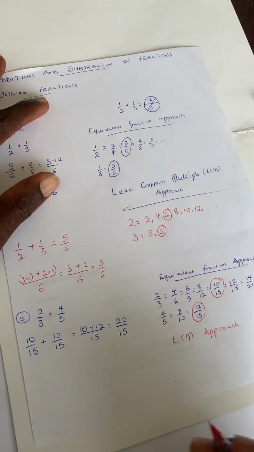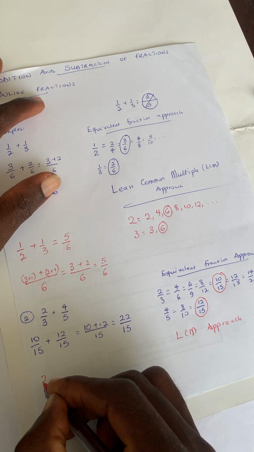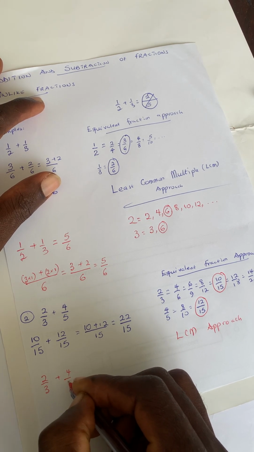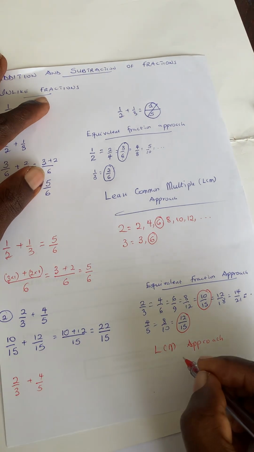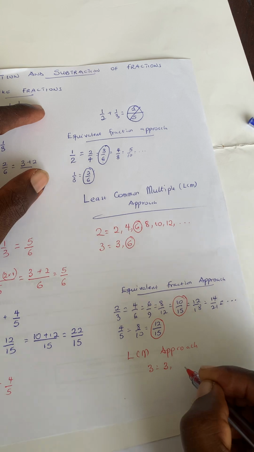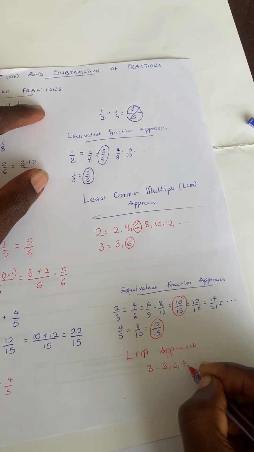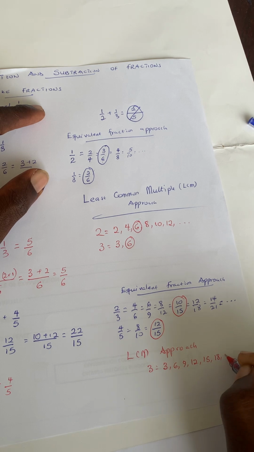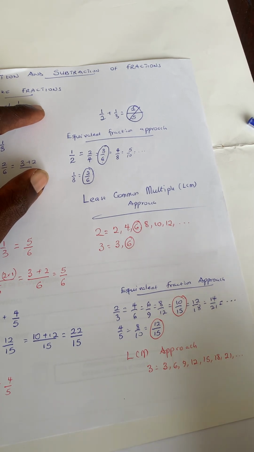So we will write the multiples of 3 and the multiples of 5. For 3, you'll get 3, 6, 9, 12, 15, 18, 21, and so on.